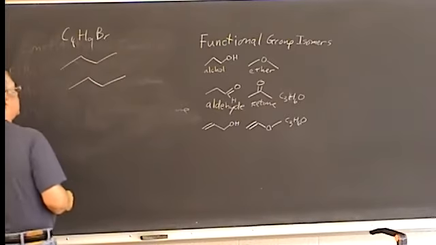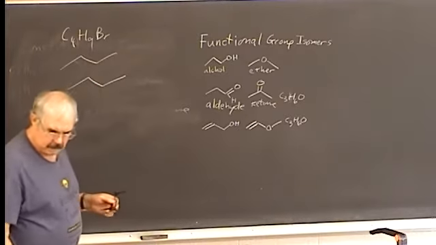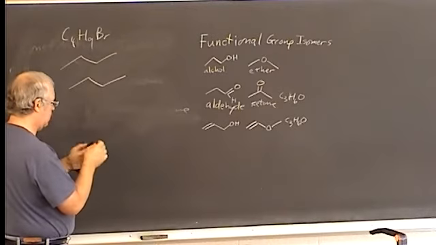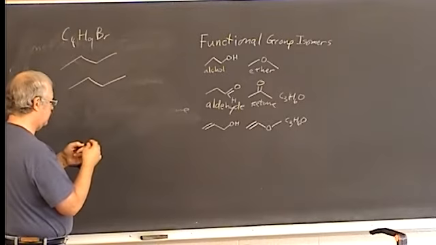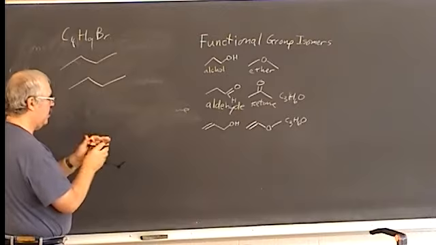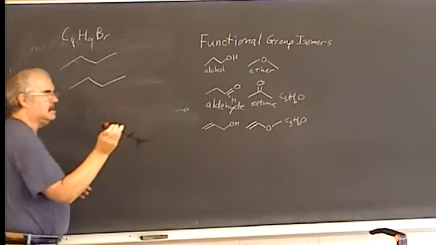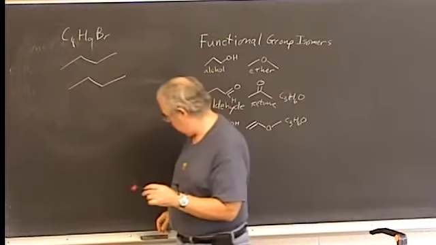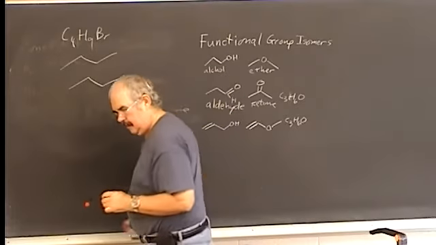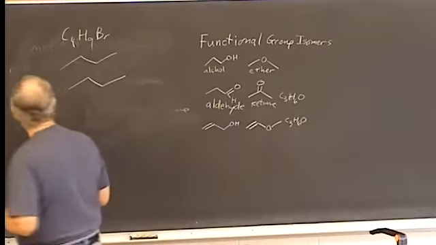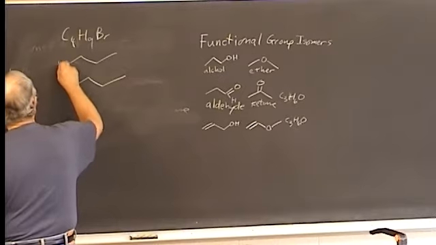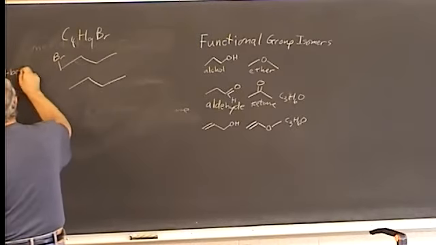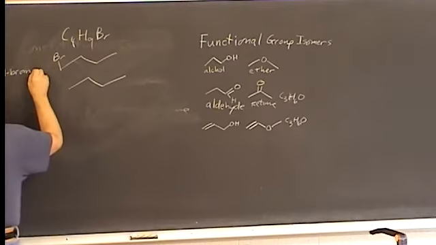Okay, so the 2 possibilities, I'll use red to represent bromine. One possibility is this one. This is 1-bromobutane. I'll put the bromine here. Bromine as a substituent is a bromo.